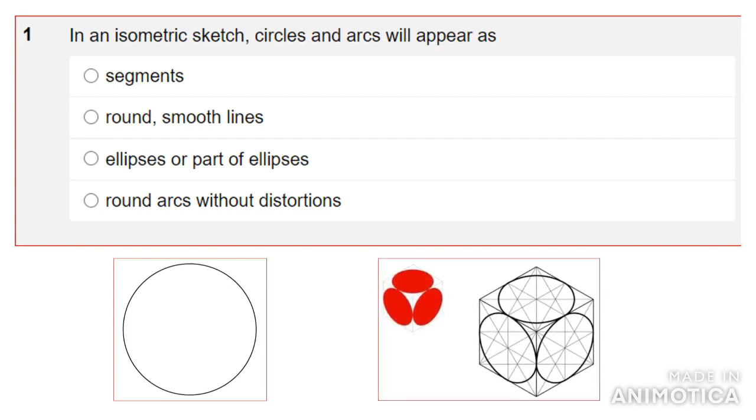So it's not an exact 2-dimensional circle. So the answer would be ellipses. If you look here to your right, you will see that the 3 ellipses are shown in the cube. So these are isometric circles that look like ellipses. So the answer would be an ellipse.